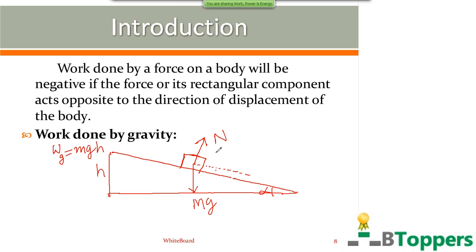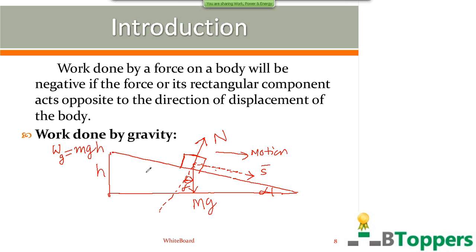Now the block slides down the inclined plane. Then the direction of the displacement of the block is parallel to the inclined surface, in the direction of its motion. The line of action of the normal reaction is produced backwards. The angle between the line of action of the normal reaction produced backwards and the weight mg will be the same as the angle of inclination alpha of the inclined plane to the horizontal.